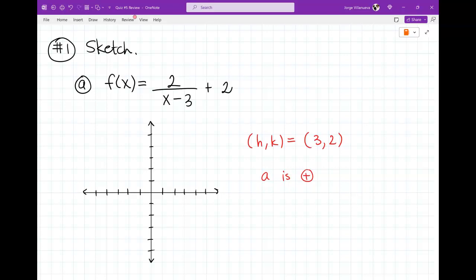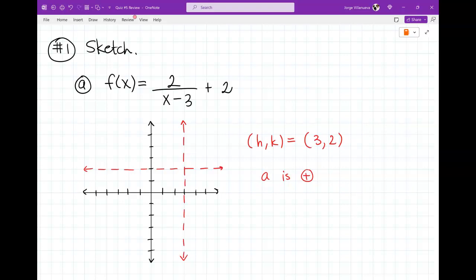So what I'm going to do is go to 3, 2. I'm going to put a little tiny dot at 3, 2. Nothing too noticeable, just really small. You can kind of see it right there. And I'm going to make my horizontal and vertical asymptotes go through that. So here we go. Here's my horizontal, and here's my vertical.